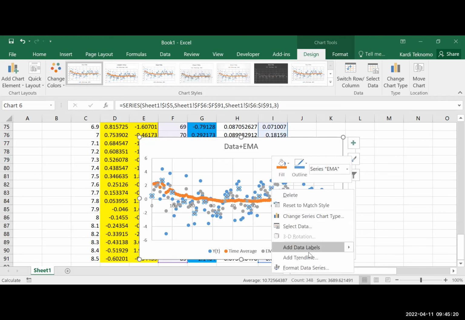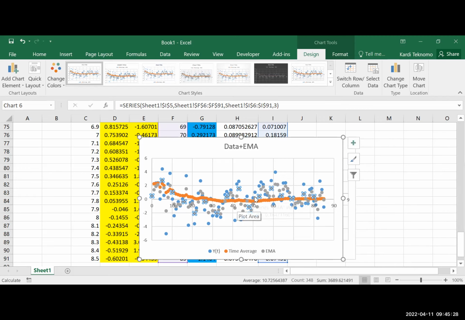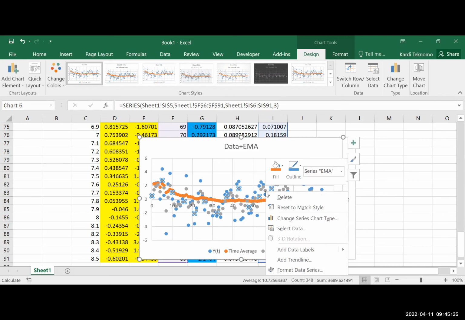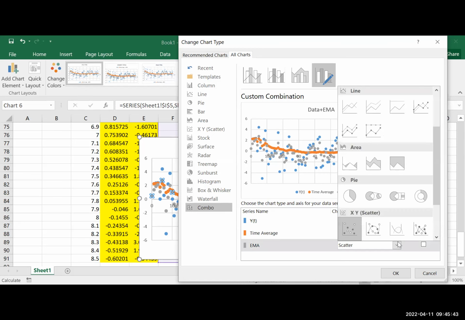So the format, oh, where is the format? I need to change this into line. Change series data type. So the EMA, I will put it not as scatter, but as line.